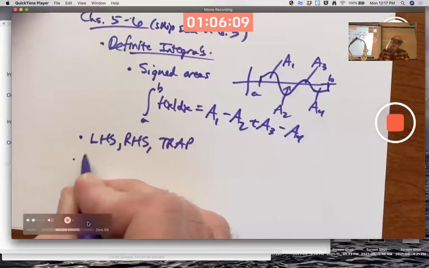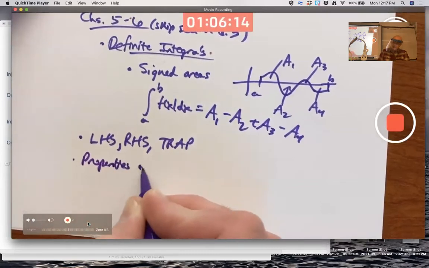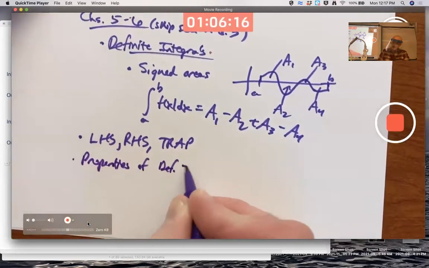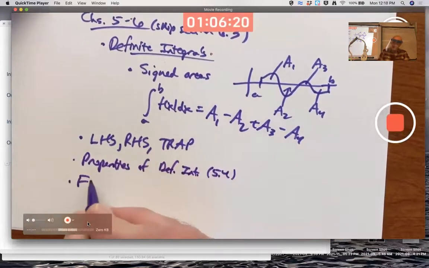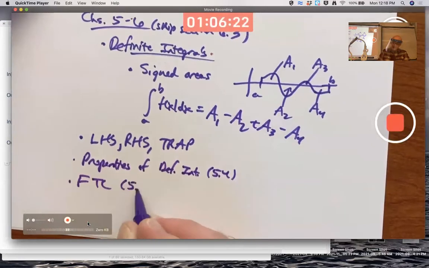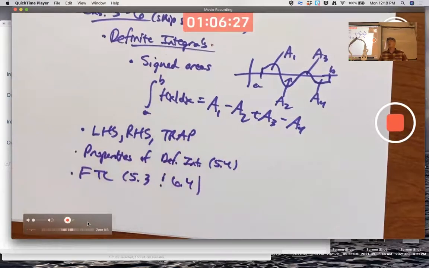And there's properties of integrals, properties of definite integrals. That was section 5.4, and also the fundamental theorem of calculus, section 5.3, and 6.4. The 5.3 one is the easier one, telling you how to evaluate definite integrals.